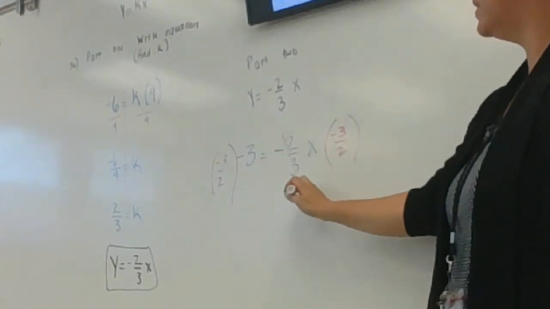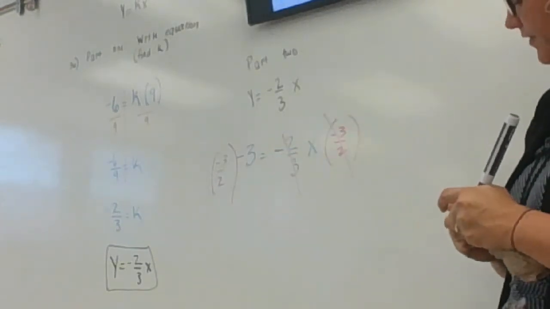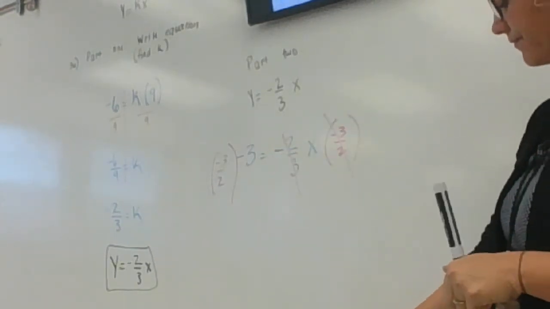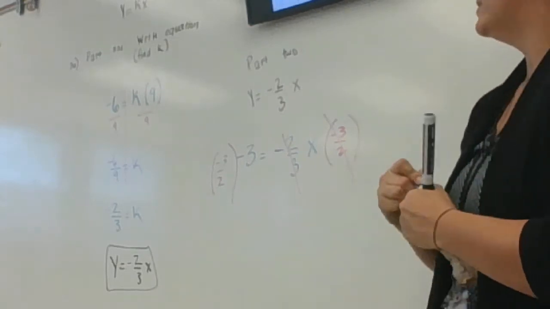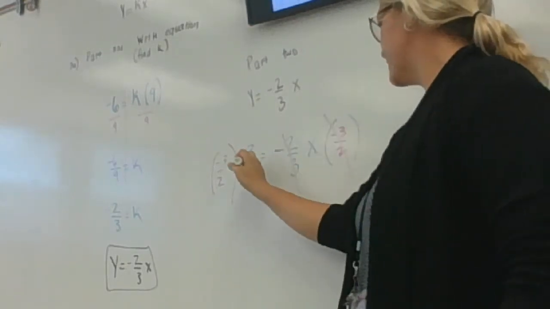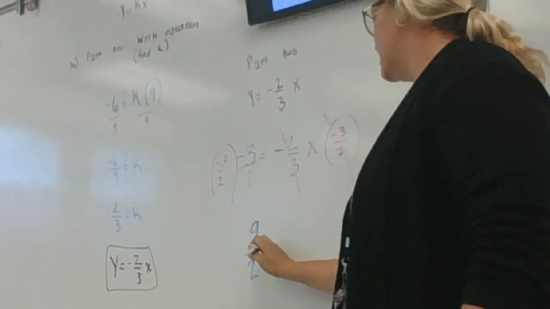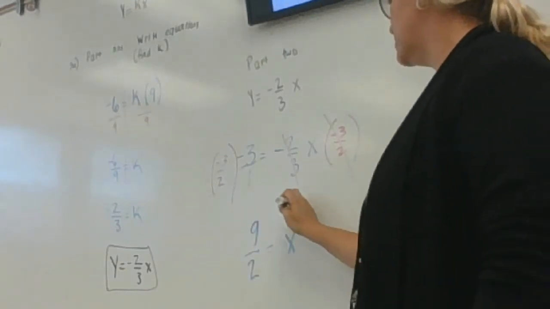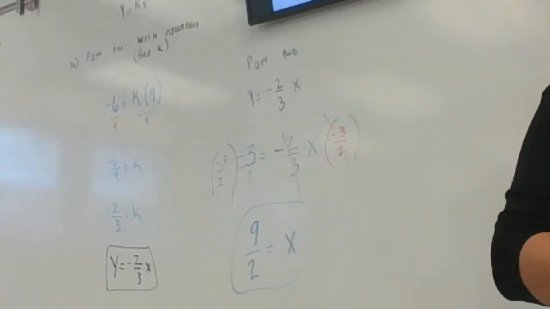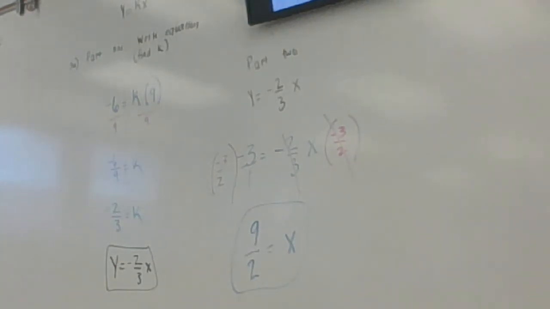The reciprocal has a really cool way of canceling out fractions. And now we got -3 times -3 is 9 over 2 equals x. If you didn't reduce it, maybe you got 18 over 4. 18 over 4 would be really good too.